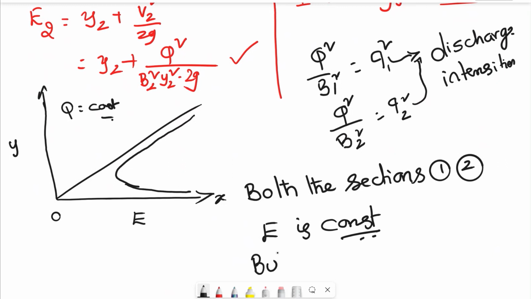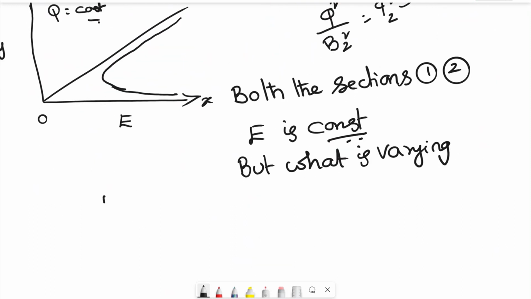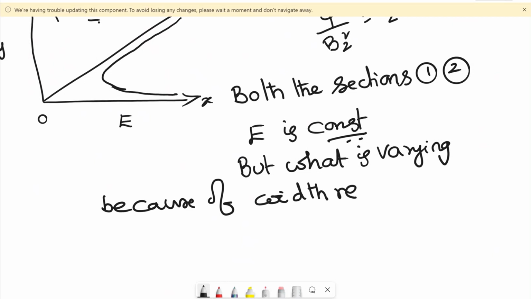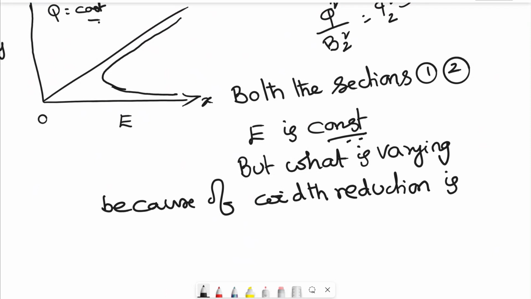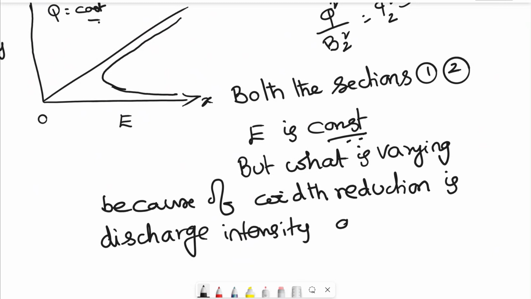But what is varying because of width reduction is discharge intensity. What does discharge intensity mean? Discharge per unit width.